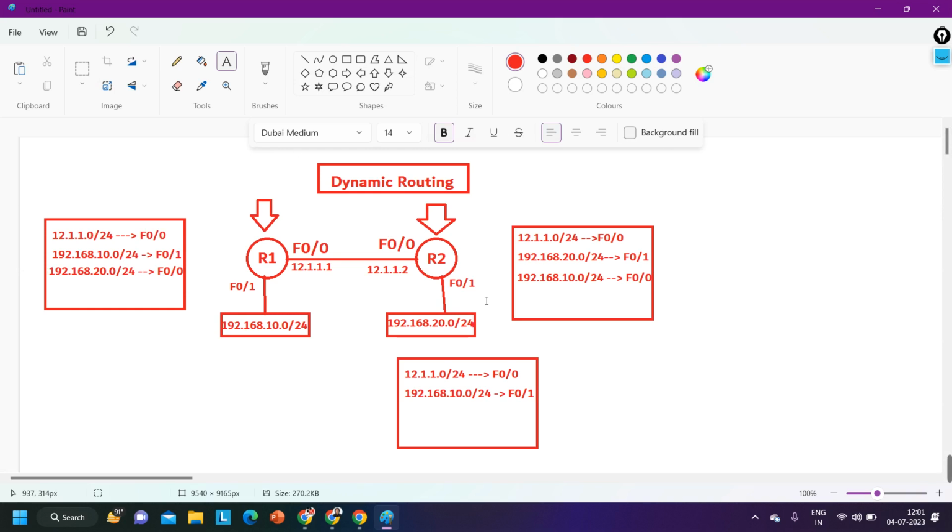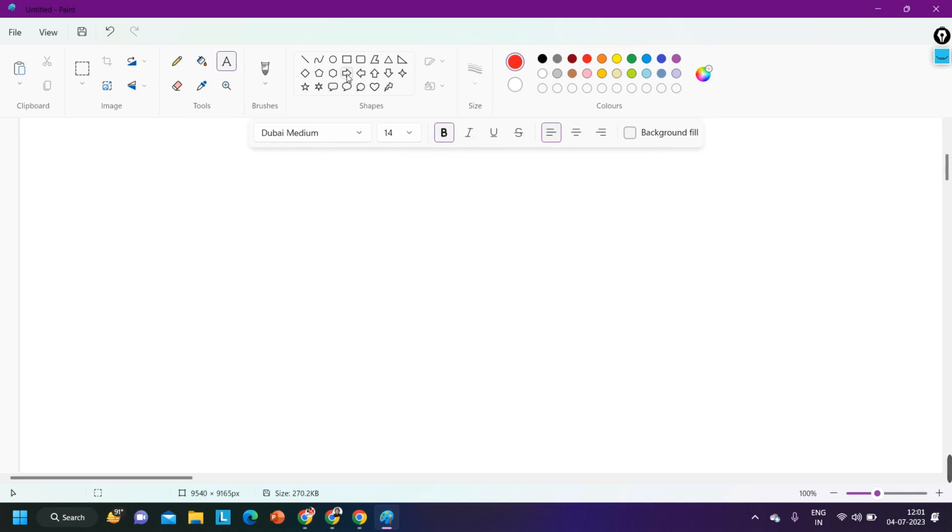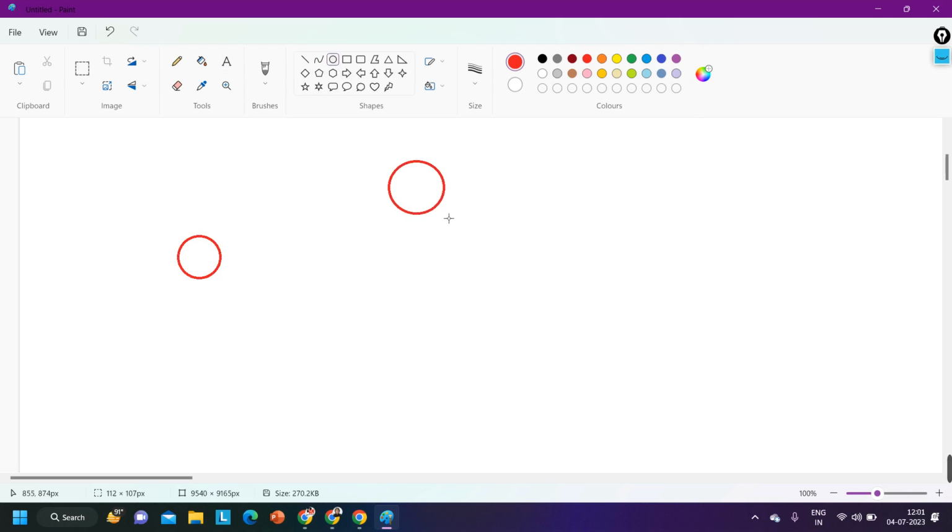Now let's say I have a topology like this: R1, R2, and let's say R3. We have three routers, very simple: R1, R2, and R3, like this.